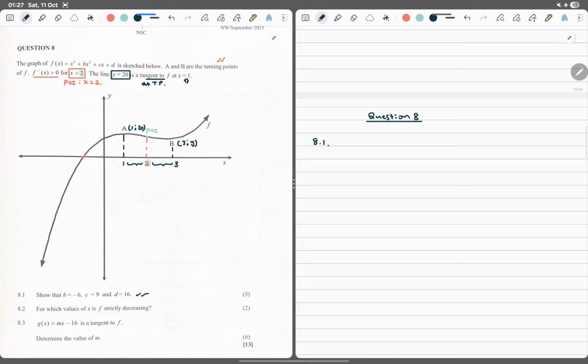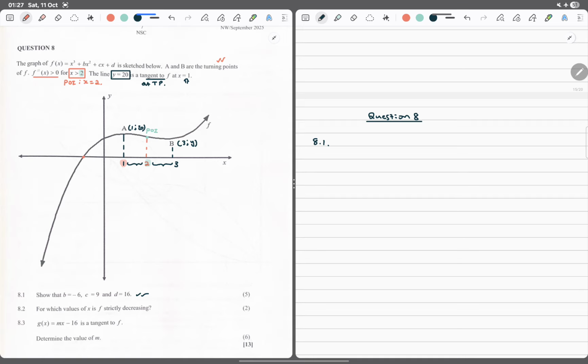The gradient at the turning point is 0, and we know that this is when x is 1. So when x is 1, the first derivative is 0. So we can derive an expression there. The second one that we can do, seeing that this is the x-coordinate at the point of inflection, this means the second derivative of f when x is 2 is also going to be 0, right? And that can help us to solve something.